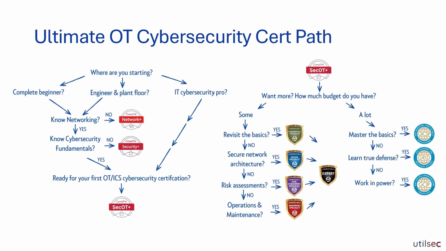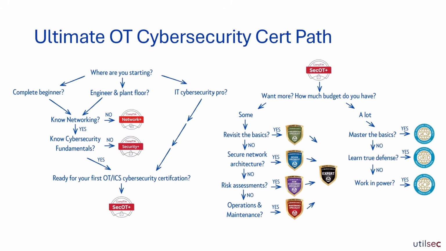Again, if you're already working in a plant at this point and there's no other requirement for certification, you might not need to go to one of these classes unless you really want some of the additional knowledge, like going to grid, or if you work in power generation and transmission, and maybe somebody just assigns you responsibility for the NERC-CIP security program, then yeah, you might want to go take Tim's GCIP course.